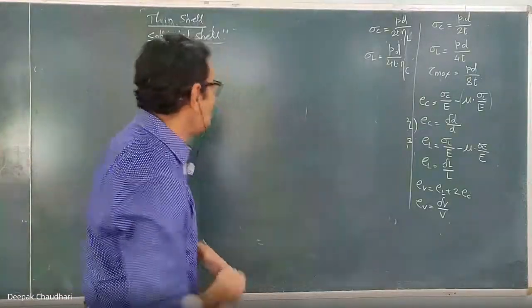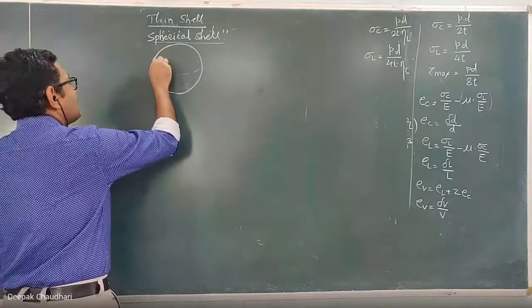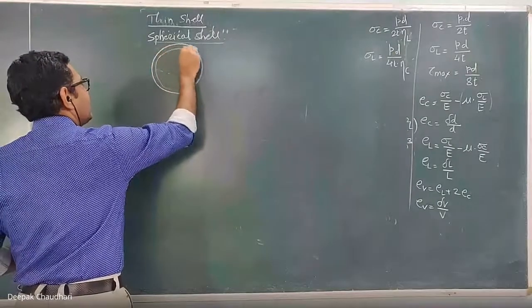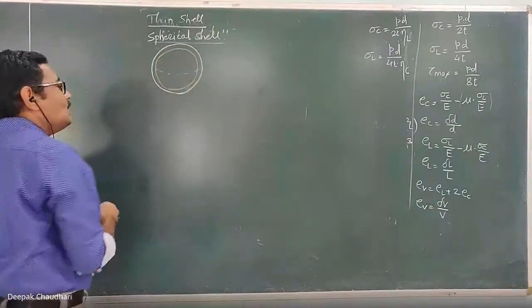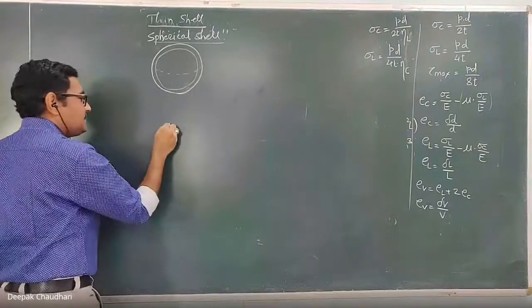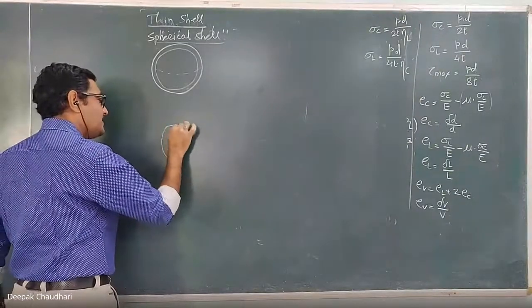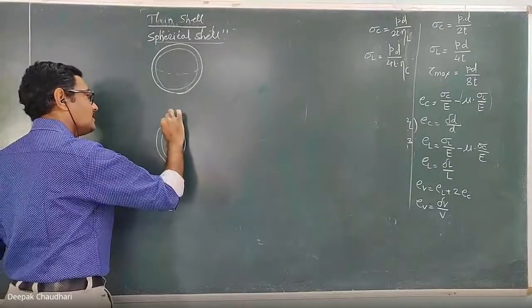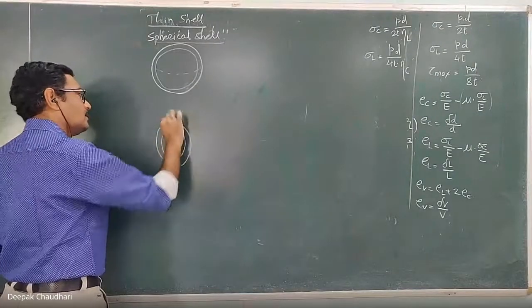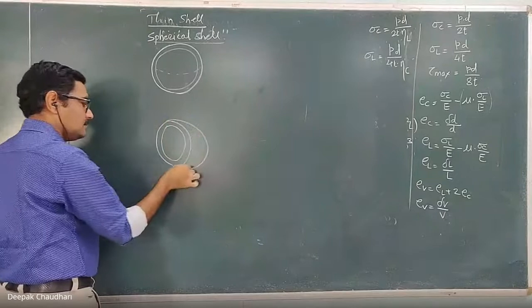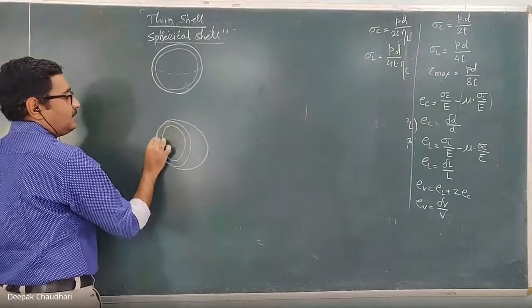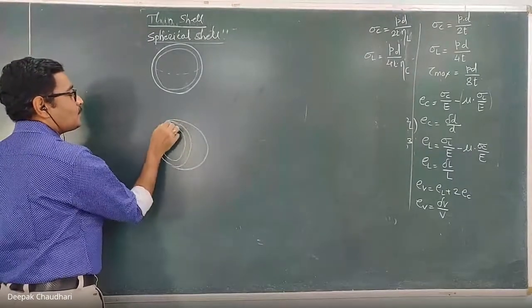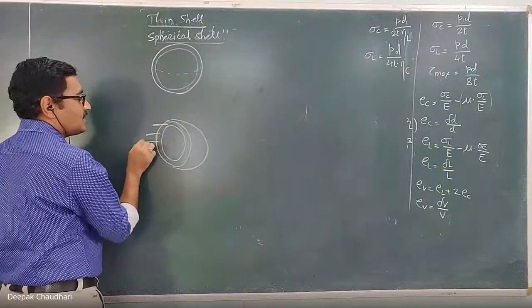Because of the internal pressure, if it fails, it fails in the form of a hemisphere. The force of resistance is induced over here.